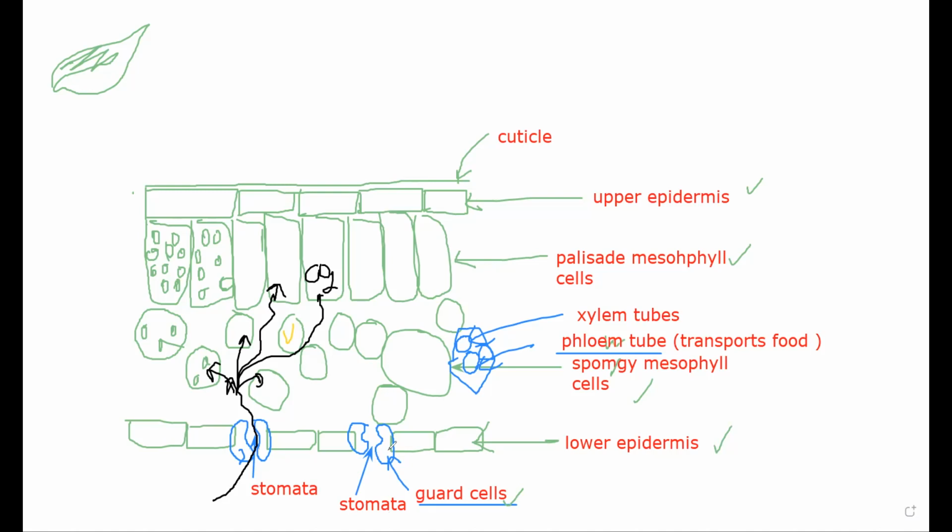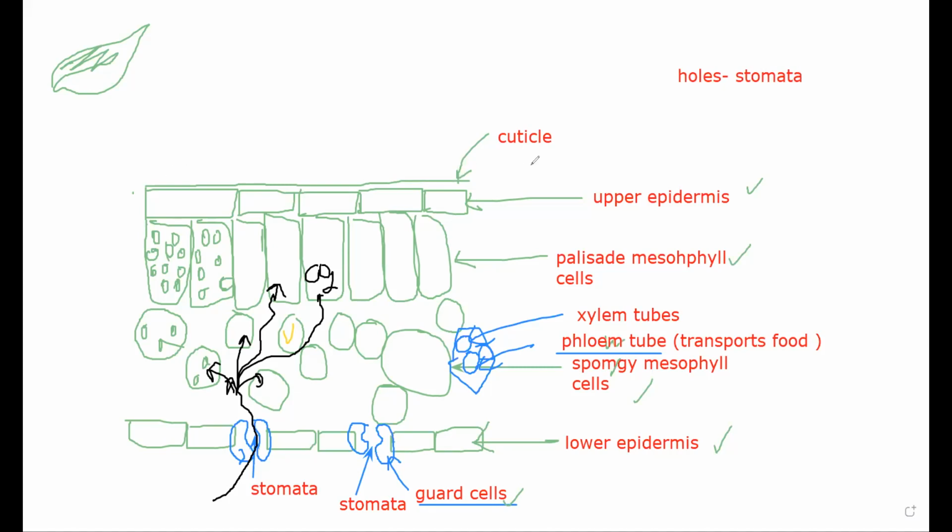What are the holes called? What is the hole in the lower epidermis or in the leaves called? Stomata. Okay, stomata. And then there is a Vaseline-like thick shiny layer on top of the leaf.